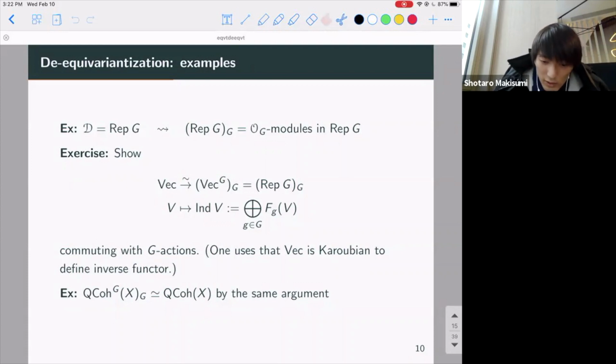And basically the same argument tells you in general, at least one way, if you take equivariantization followed by de-equivariantization, you recover the original category up to G-equivariant equivalence.